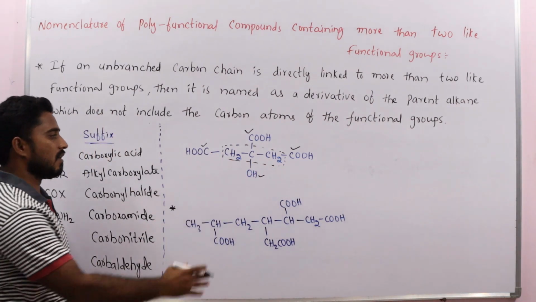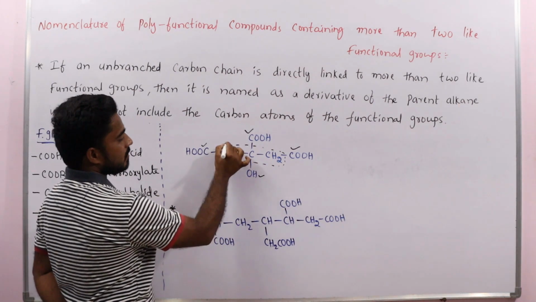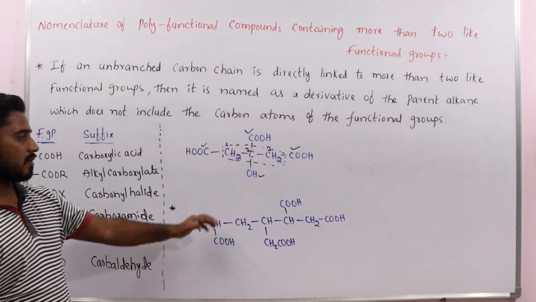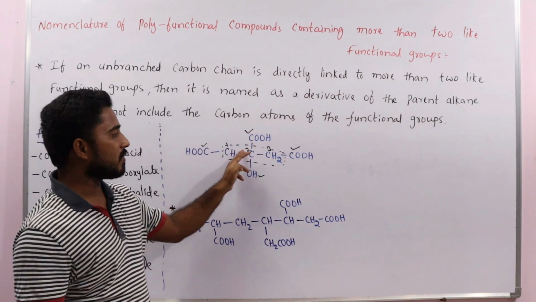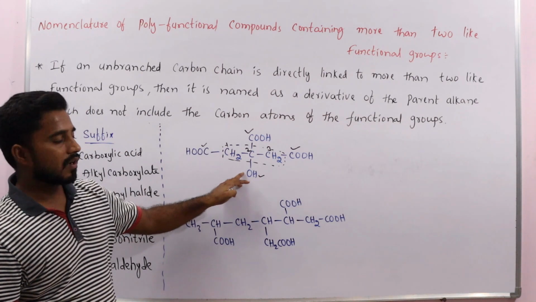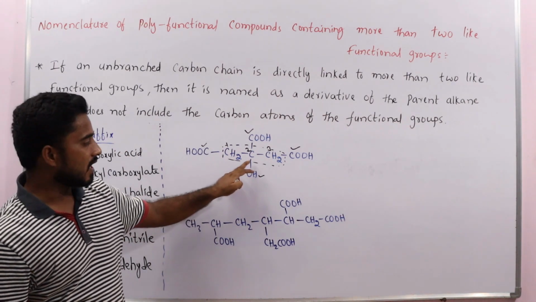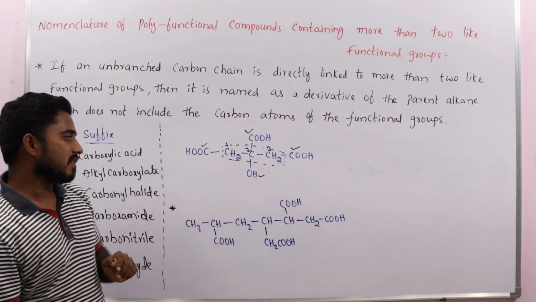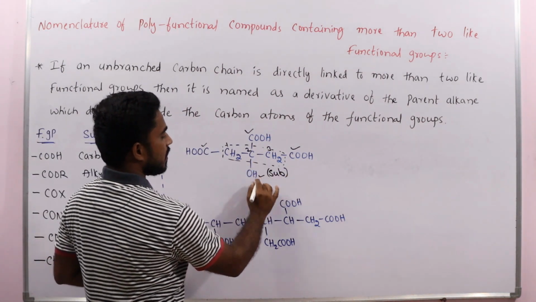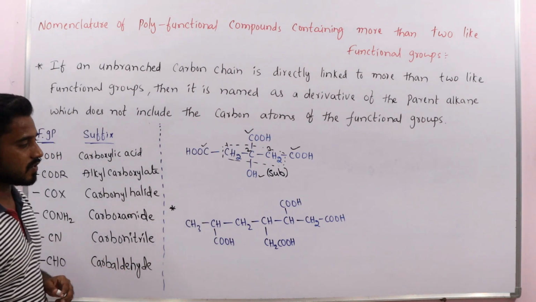The numbering can be given from any side, 1, 2, 3. At first position one COOH, at second position one COOH, at third position one COOH, along with one more OH group at second carbon. So in this case, this OH group we have to take as a substituent.